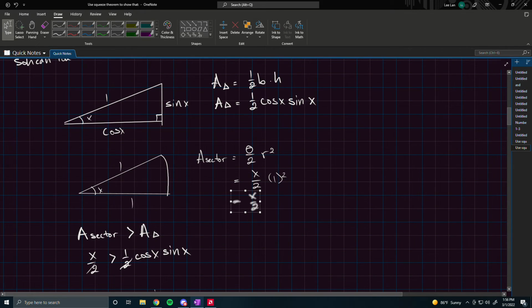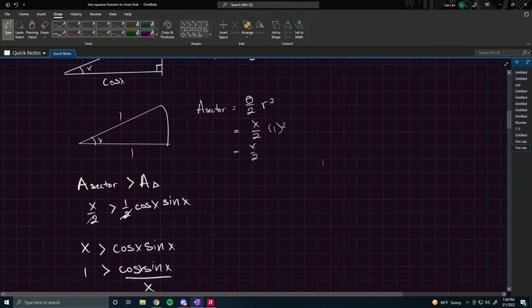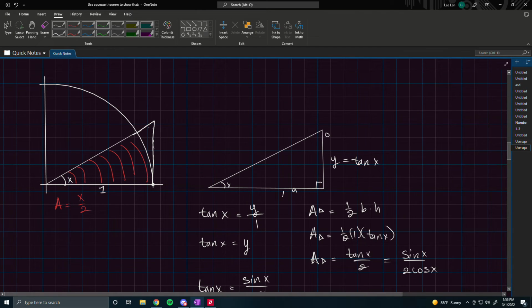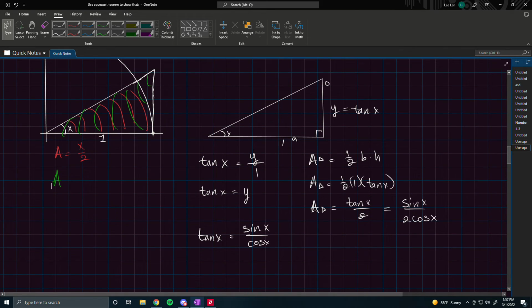So the area of this sector is x over 2. And then we have the area of the whole triangle, which is sine x over 2 cosine x, which we determined over here.